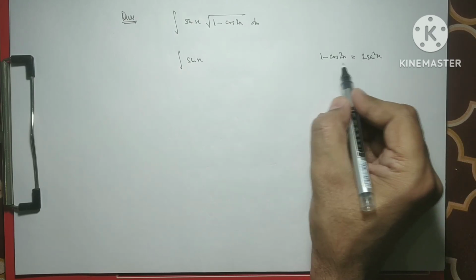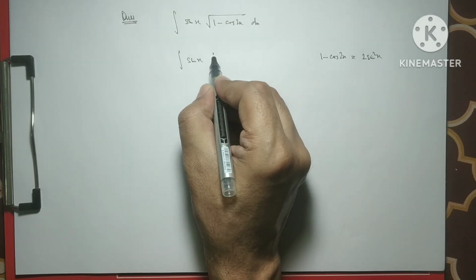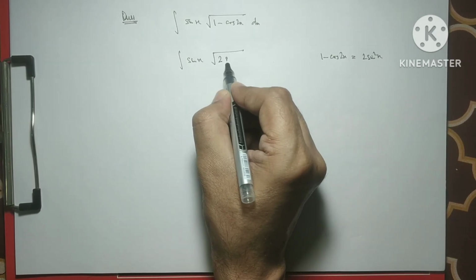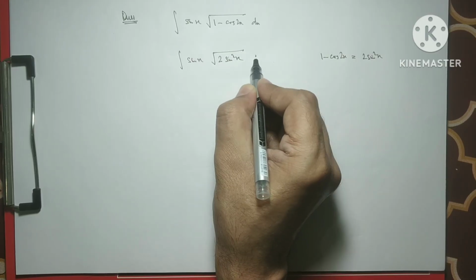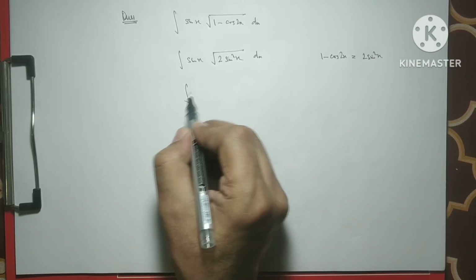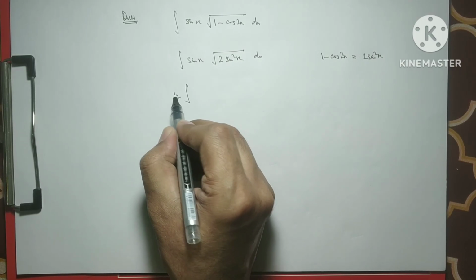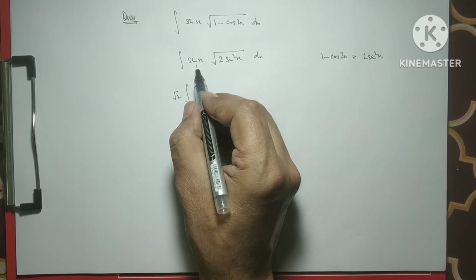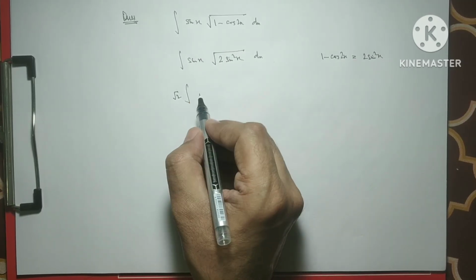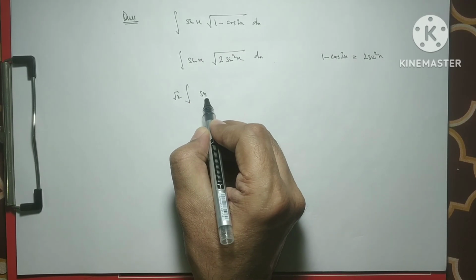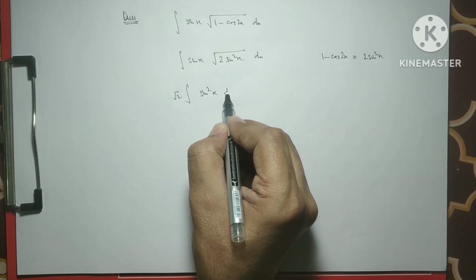So we substitute this value, that is 2 sin square x dx. Right now root 2 as a constant comes out, and under root sin square x is sin x, so we get finally sin x.